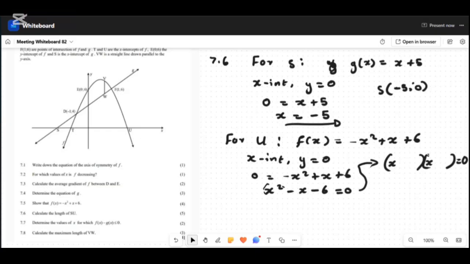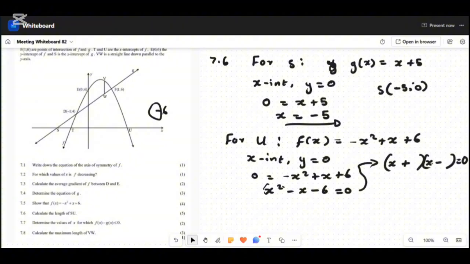Then what happens is some of you are not able to factorize a quadratic. The way you factorize a quadratic, you look at the sign of the last term. The last term is negative 6. Once it is negative, it means both brackets are going to have different signs. The other one will be positive, the other one will be negative, right?